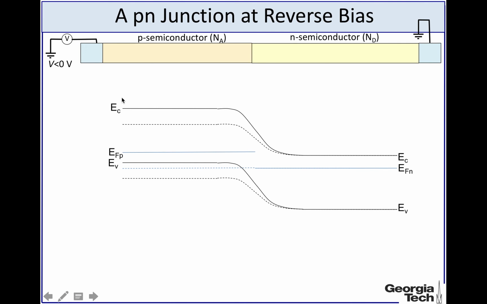So just so we can compare, here the dotted curve is for V equals 0, and this curve is for V smaller than 0, and this difference between the conduction bands for these two cases is QV, and this difference here between the Fermi levels is also QV, and this gap is also QV.